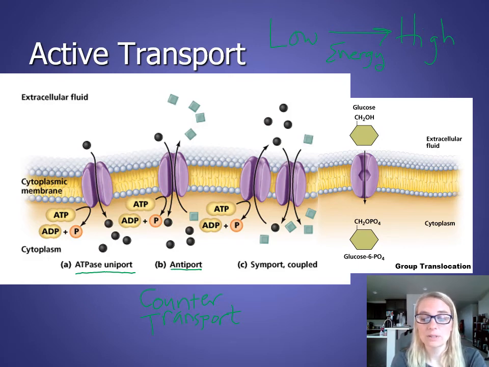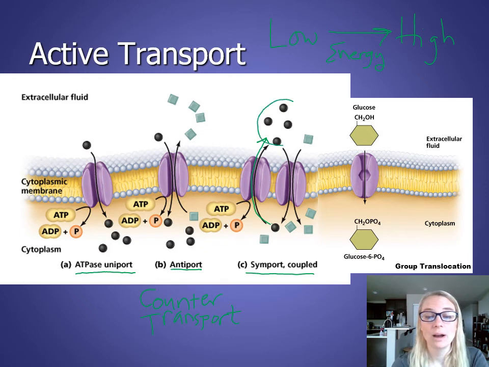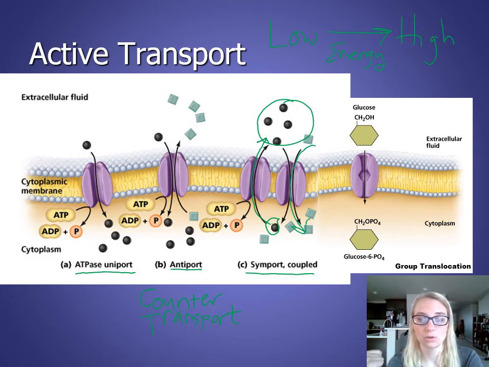In the next example, this symport or coupled active transport, it's a little bit of a combination of active and passive. We are burning energy, pumping the black circle against its concentration gradient, but then we have another channel in close proximity that's going to take advantage of this new high to low concentration gradient, and with it, it's going to bring something else against its concentration gradient.